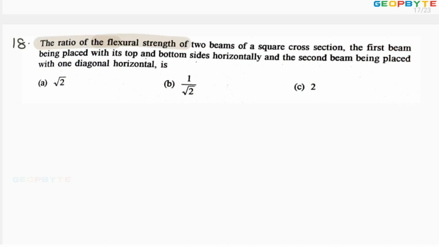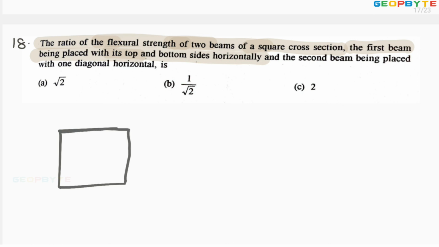The ratio of flexural strength of two beams of a square section. The first beam is placed with its top and bottom sides horizontal. One beam may be placed like this, but with a square cross section, the top surface and bottom surface horizontal. For this case, remember section modulus Z equal to A cube by 6.